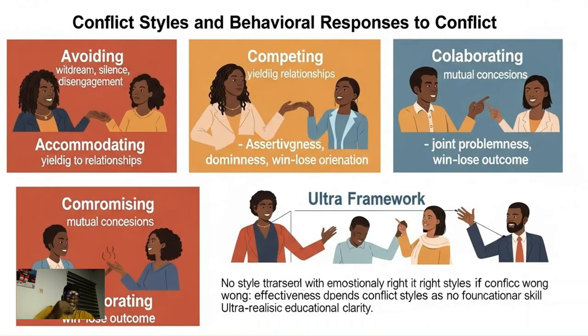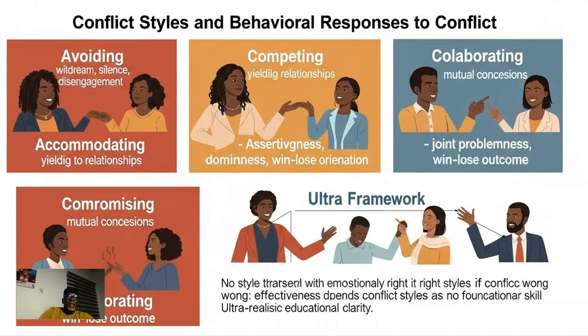Then the fourth one is avoiding. Avoiding is a style that is characterized by withdrawal from or even ignoring the conflict. Avoiders prefer to sidestep confrontations and delay addressing the issue. This style can be appropriate when the conflict is trivial or when emotions need time to cool down. And of course, the fifth one is accommodating.